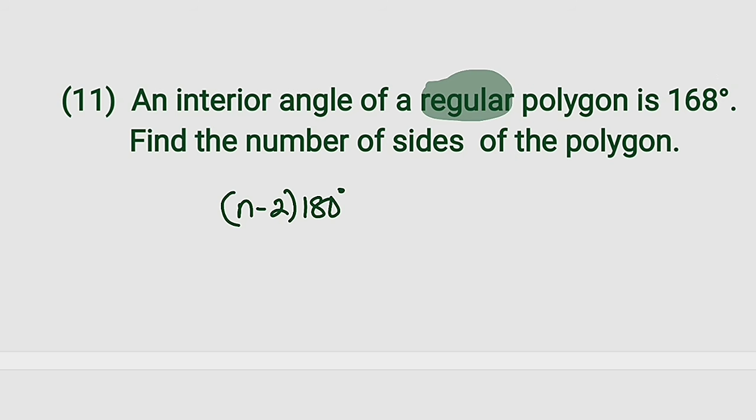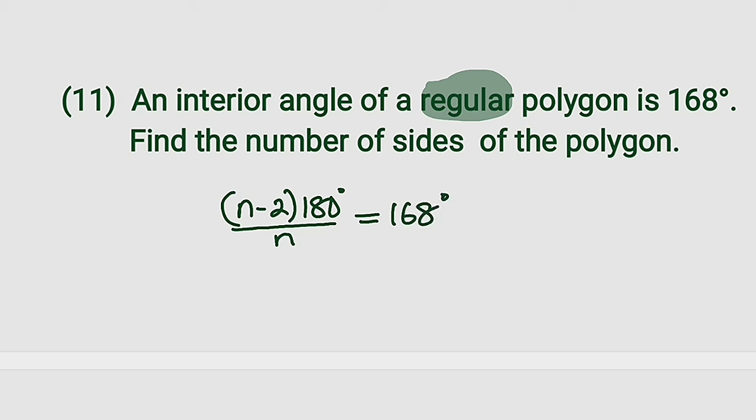So since we know that every single angle equals 168, we can divide this by n. N stands for the number of angles, or sides. And this must give us 168 degrees.